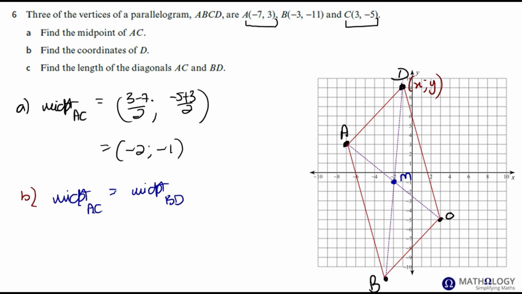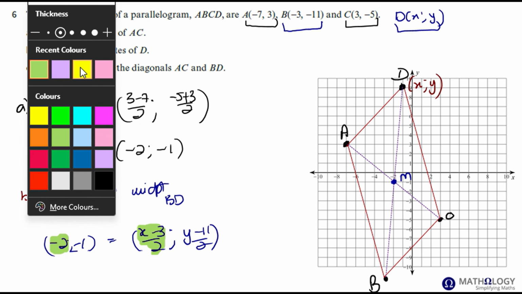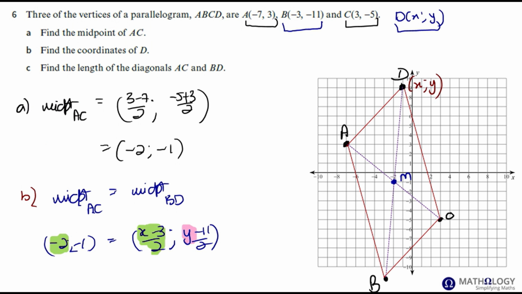The midpoint of AC is (-2, -1), and the midpoint of BD is ((x - 3)/2, (y - 11)/2). So we know that (x - 3)/2 must equal negative 2, and likewise (y - 11)/2 must equal negative 1.